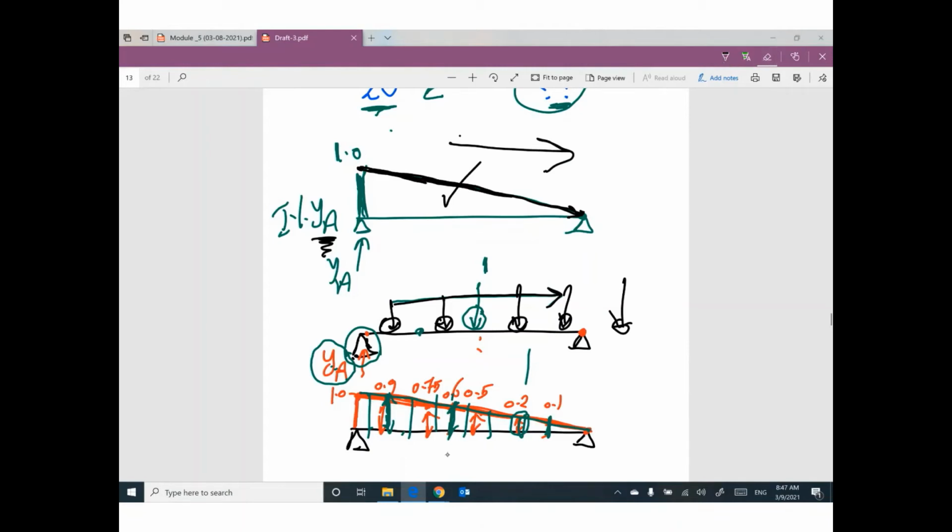Or someone different will say, if this moving load is moving from right to left, I can say it in a different way. This moving load is moving in this direction, so its effect on reaction YA is increasing.